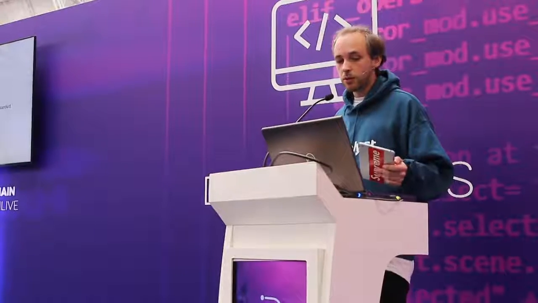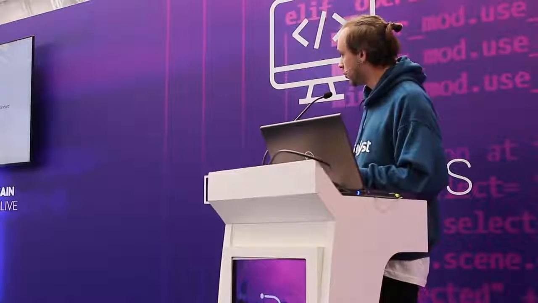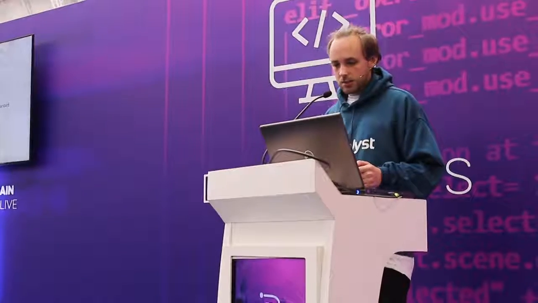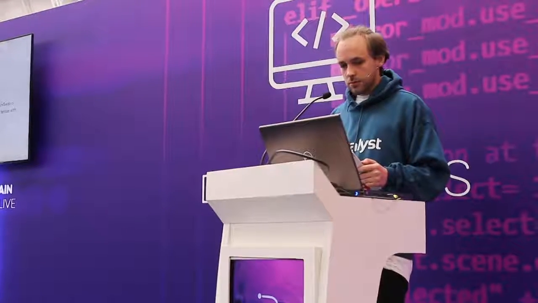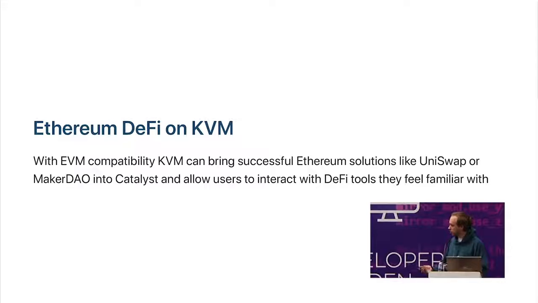We'll have compatibility with all the previous ERC standards, so ERC 20, 223, and 721. The EVM compatibility will allow existing solutions that already work on Ethereum to be ported over to Catalyst, for stuff like Uniswap and MakerDAO, and a bunch of other DeFi tools.